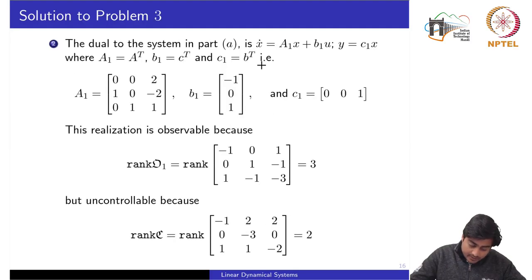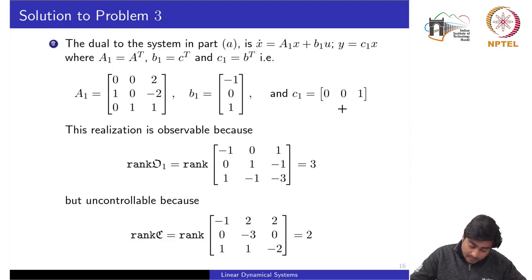The second part we could solve straightforwardly by taking the dual form of the system, that is replacing the A matrix by its transpose, the B matrix by the transpose of the output matrix of the first system, and the output matrix by the transpose of the input matrix of the first system.